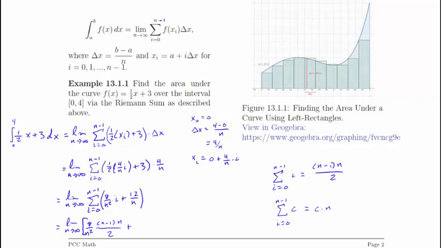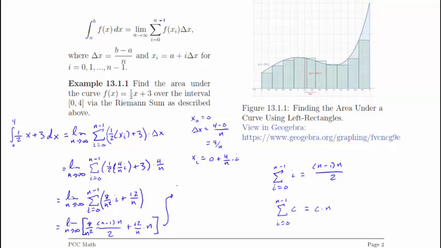Here we're saying add this constant times 0 plus this constant times 1 plus this constant times 2 plus this constant times 3, etc. Here it's just this constant plus this constant plus this constant, and we're doing it n times total, so that's 12 over n times n, which we're going to obviously simplify.